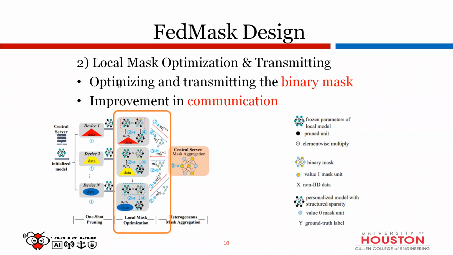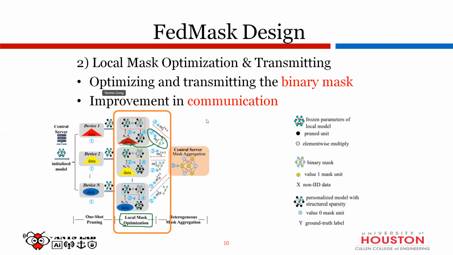Whether this mask contains information about the data or not depends on how they optimize this mask. For example, if the mask is optimized based on the data, then maybe the mask already contains some data information.